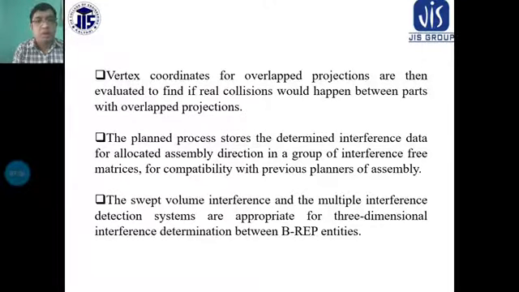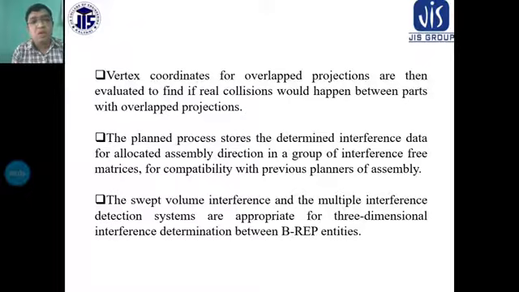The swept volume interference and the multiple interference direction systems are appropriate for three-dimensional interference determinations between boundary representation entities. That means you have to be given the boundary entities, otherwise the interference cannot be properly determined.